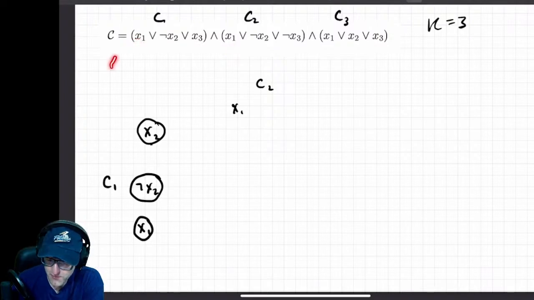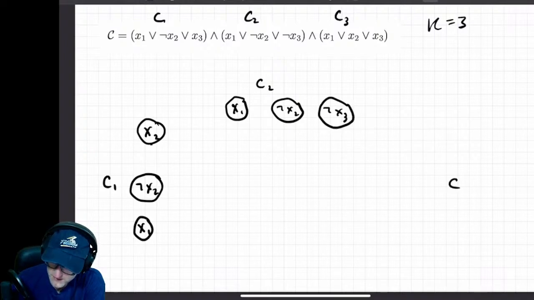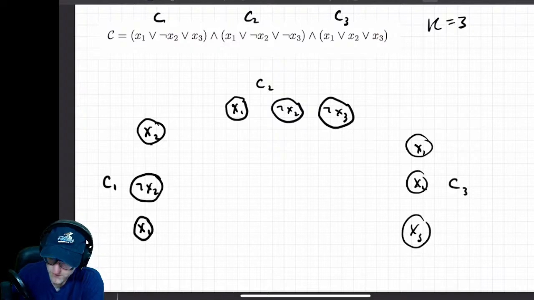It's the same variable in the original formula, but they're going to end up being different vertices in the mapped graph, in the graph gadget here. Negation of x2, it's exactly the same, and negation of x3. And then finally C3 over here is x1, x2, and x3. There we go.